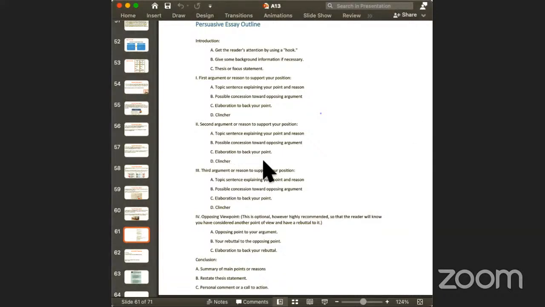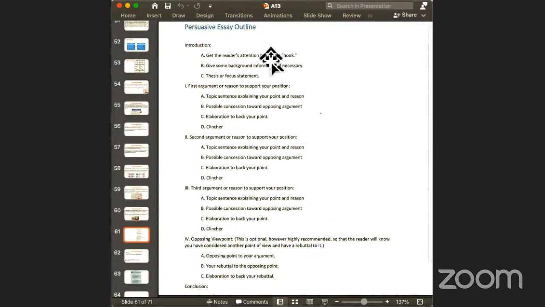So instead of starting to write, we should start thinking about what hook you're going to use, and what information you can give if it's necessary, and focus on your thesis statement.